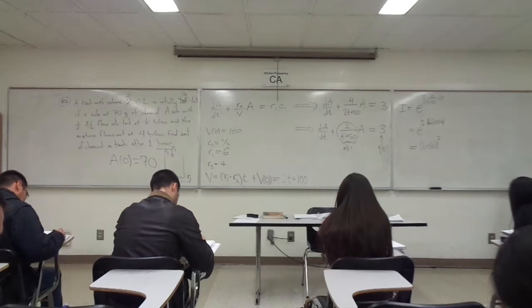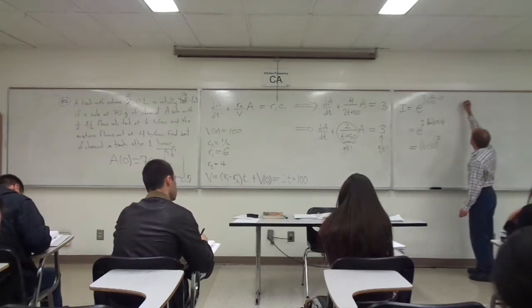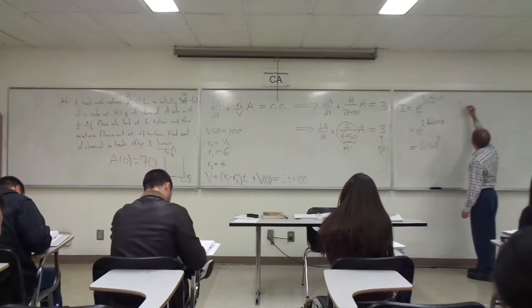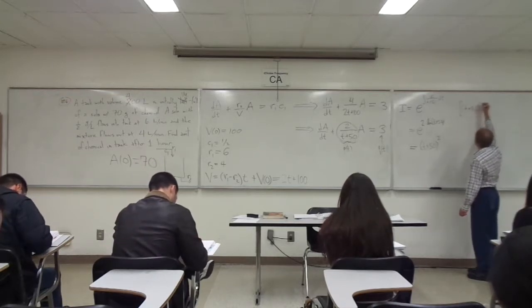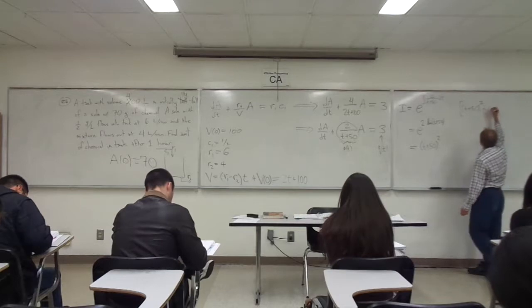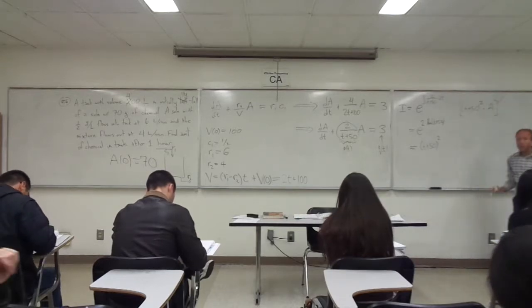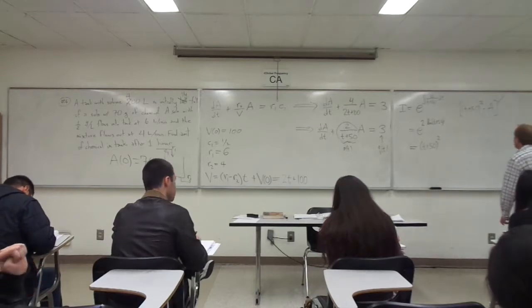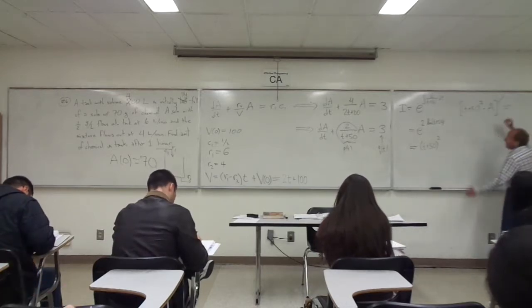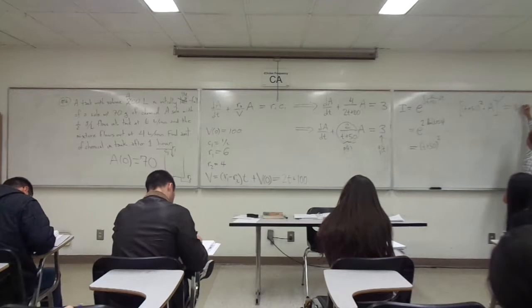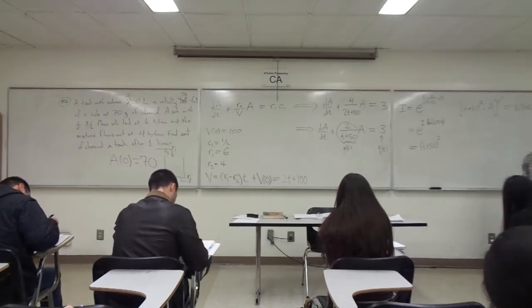Okay? And then from there, once you have the integrating factor, the next piece of this is that if you take the integrating factor times the unknown function, which in this case is A, and you take the quantity derivative of that, you're supposed to get the right-hand side, which is 3 times the integrating factor, which is t plus 50 squared.